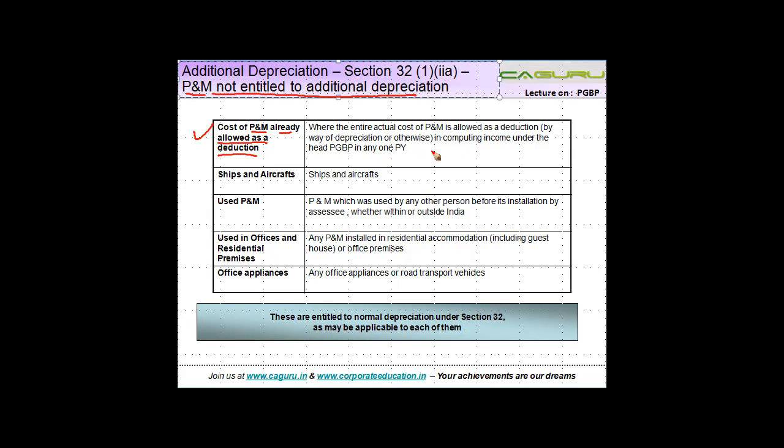Now what can happen is, suppose you acquired a capital asset for your R&D business. There basically you are entitled to 100% depreciation subject to certain conditions.